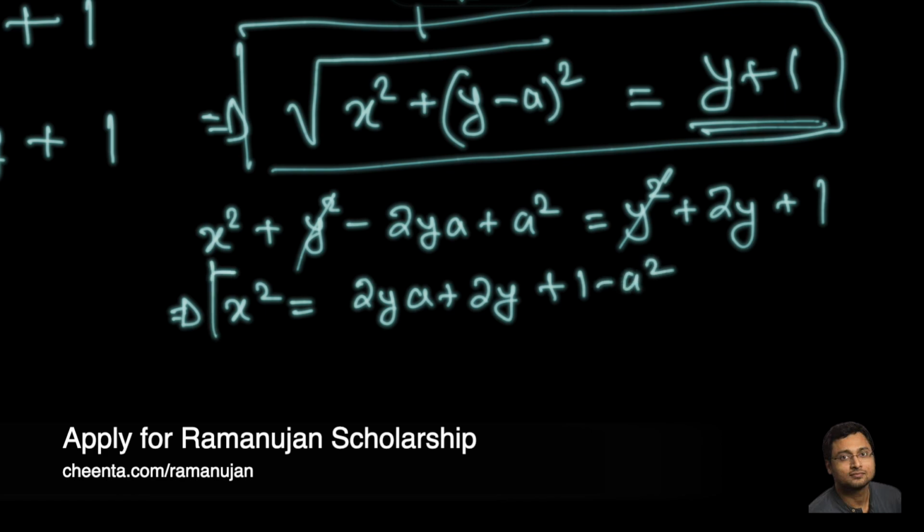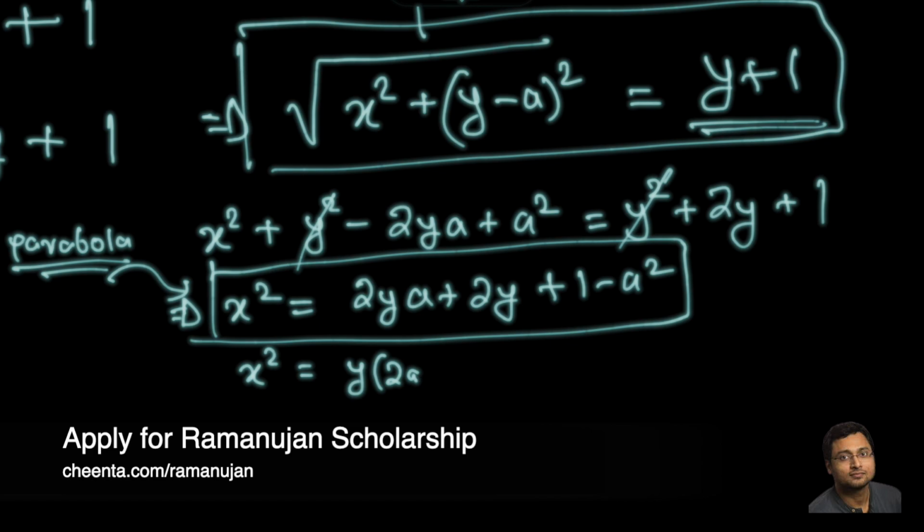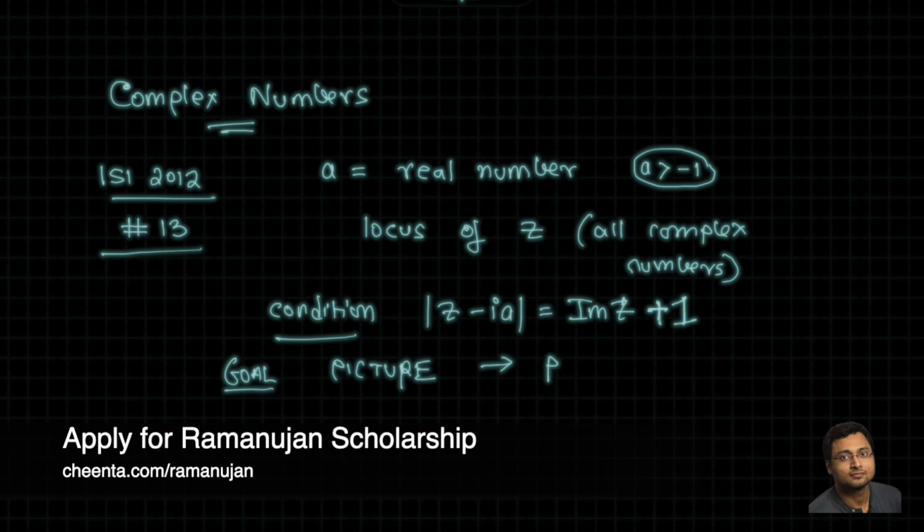So this particular equation is of course an equation of a parabola. If you know the general form of the equation of a parabola, you will immediately recognize this. We can also write it as x square equals y times 2a plus 2, plus 1 minus a square. So it is the general form of a parabola. So the answer to the question is that the picture is that of a parabola.